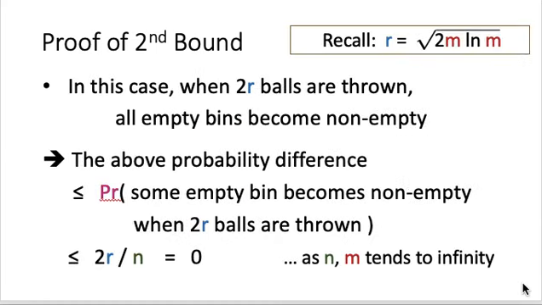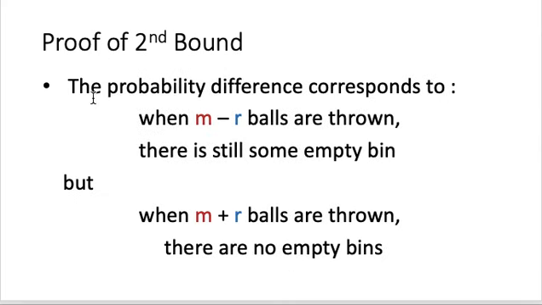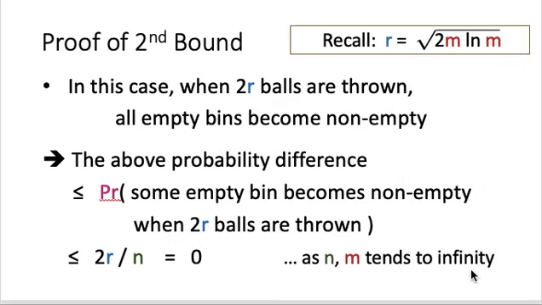Okay. Now, in this case where this probability difference happens, what we see here is that when two r balls are thrown further, all the existing empty bins have to become non-empty. So the above probability difference must be smaller than or equal to this simpler case, that when two r balls are thrown, some empty bin becomes non-empty.